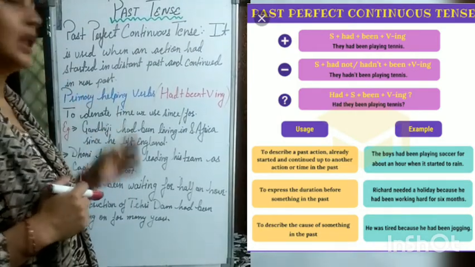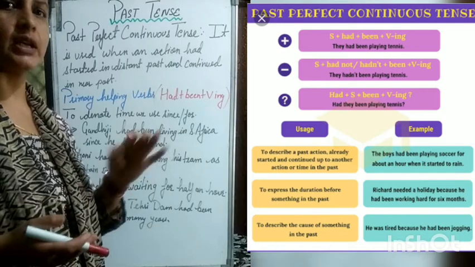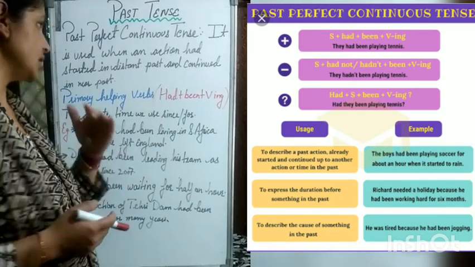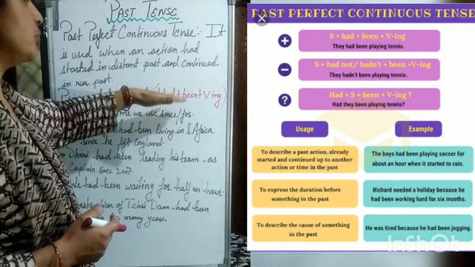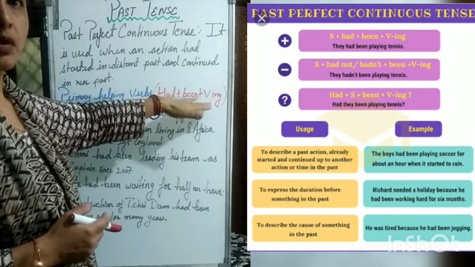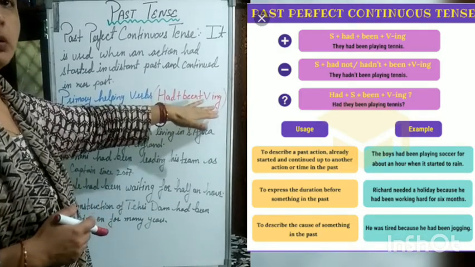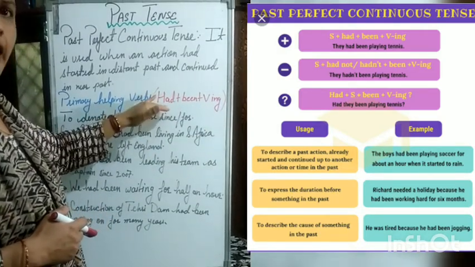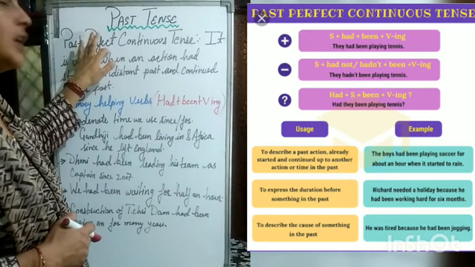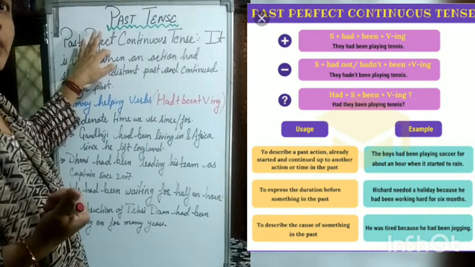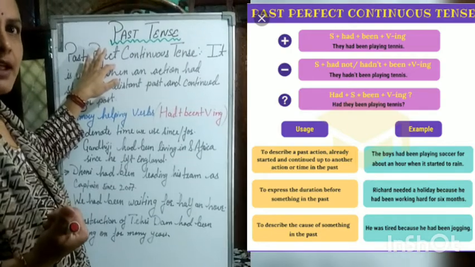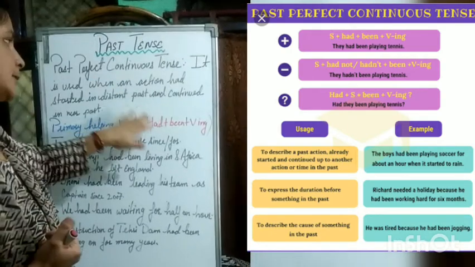Now the primary helping verb used in past perfect continuous is had plus been plus first form of verb and ing with it. Why have we used had? As it is perfect tense. What is the primary helping verb? That is have, and past form we use had.